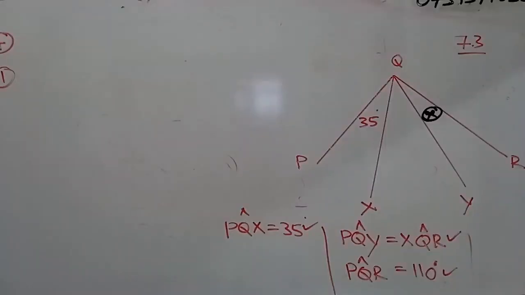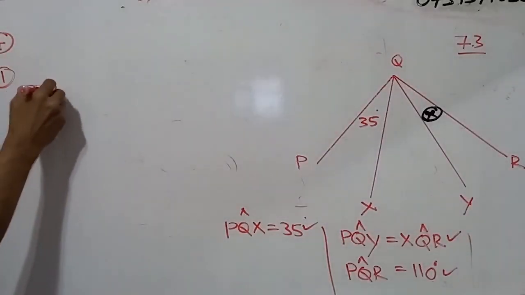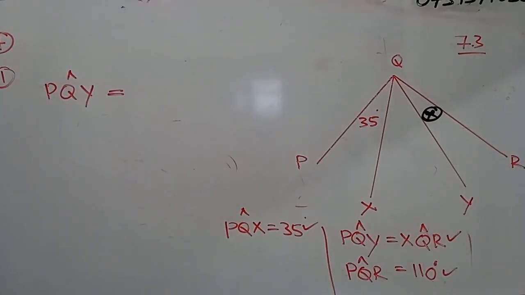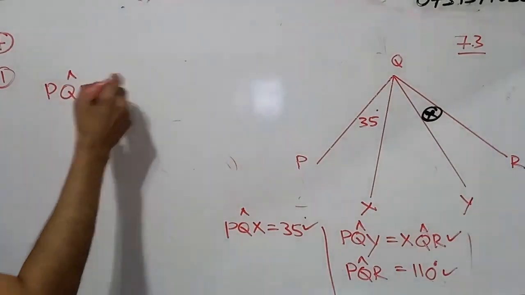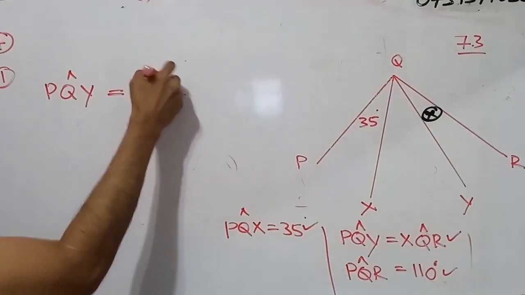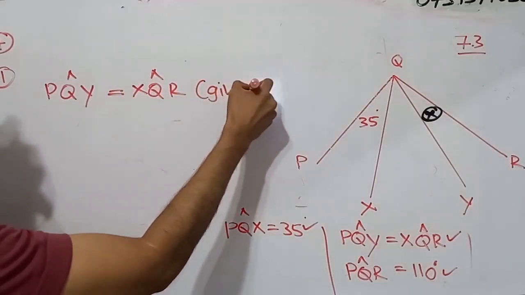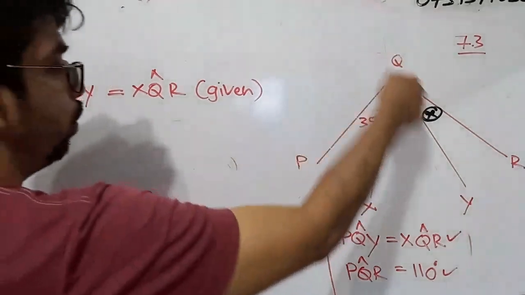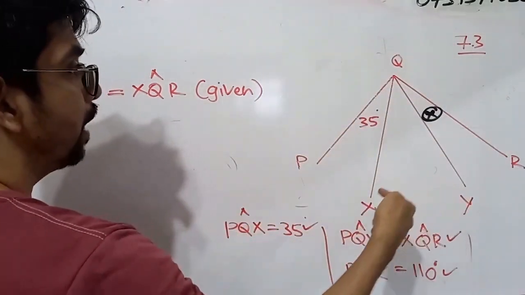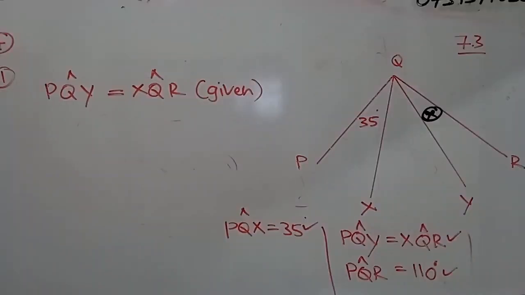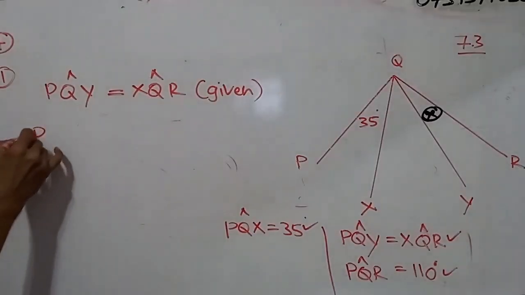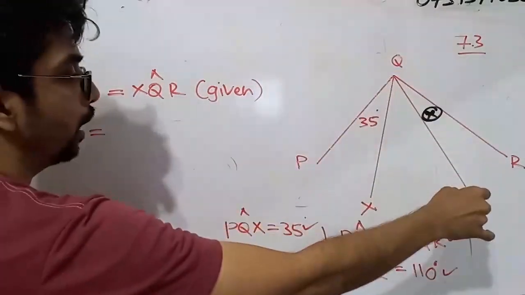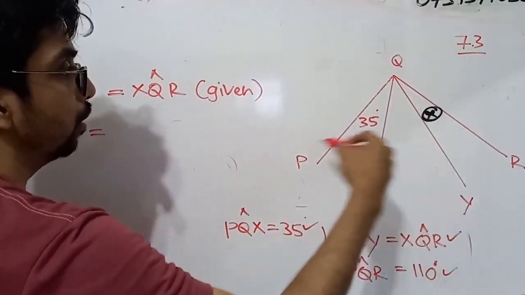So here we have been given that PQY angle is equal to XQR angle. So this is given. Right. PQY, then we have XQR. So take for instance PQY. What is that whole angle?